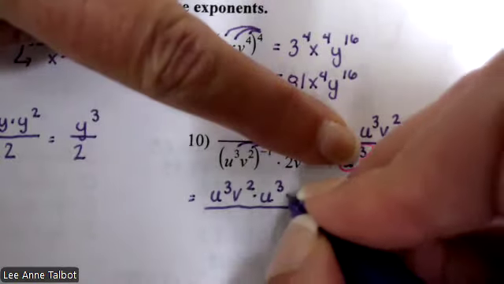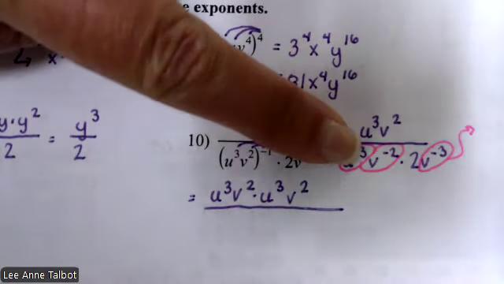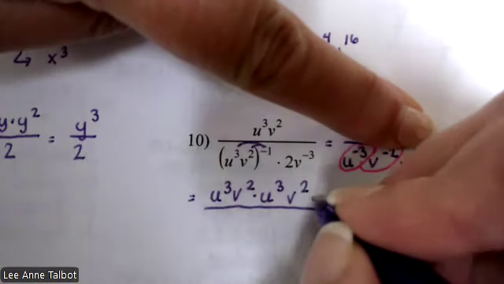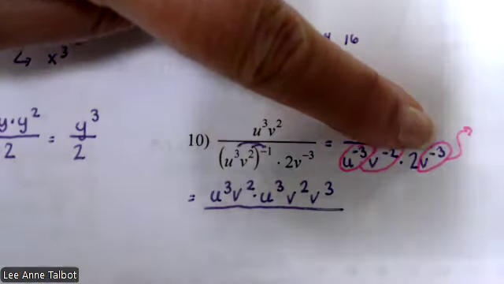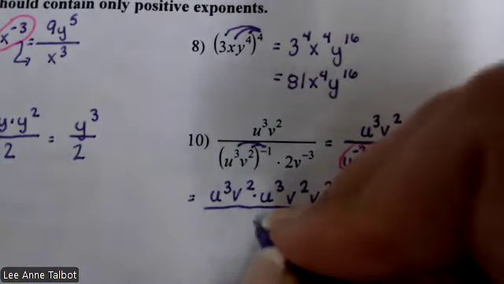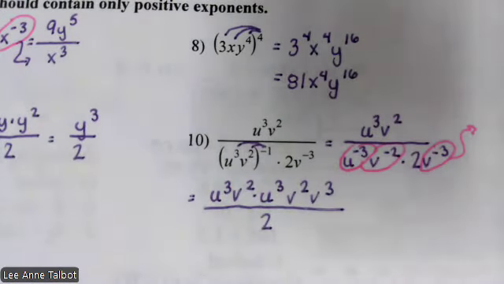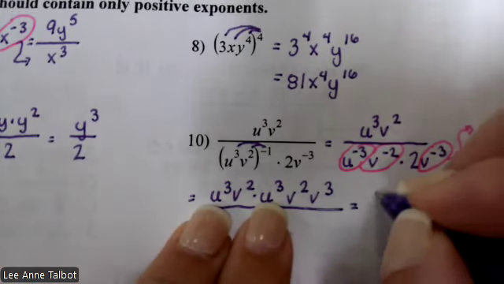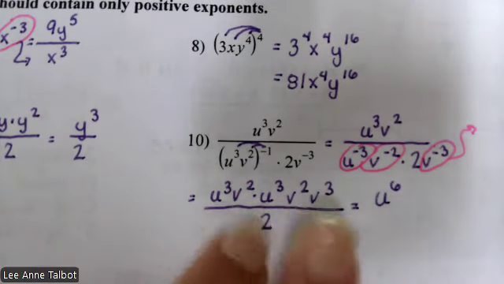This guy, he's going to come upstairs and become positive 2. This guy, he's going to come upstairs and become positive 3. And 2 is still in the downstairs. And then just add them up.